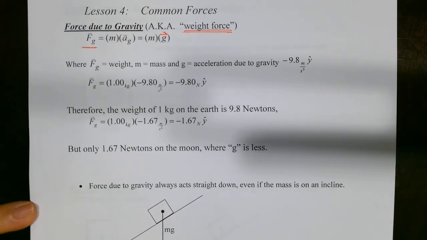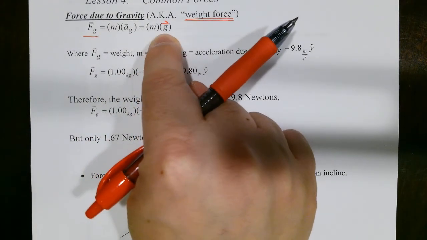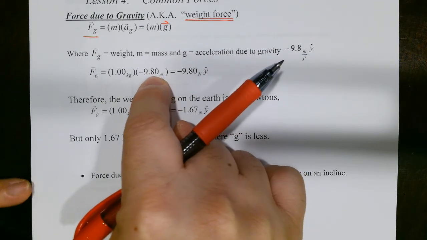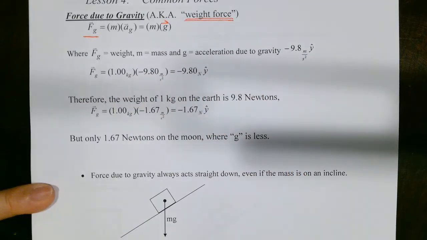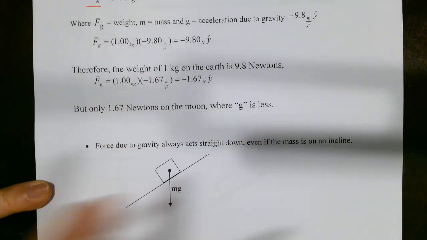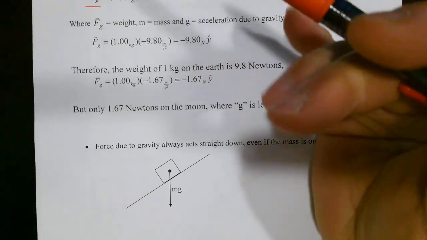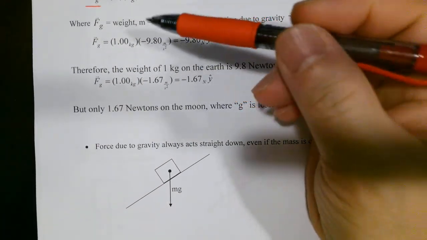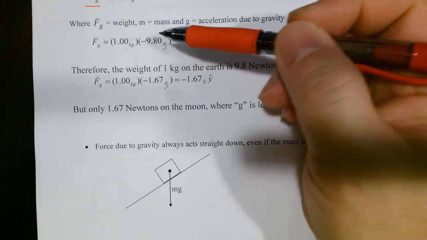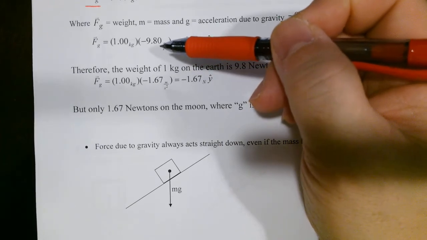When we talk about gravity, it is a force, and on Earth, our gravitational acceleration will be 9.8 meters per second squared towards the center of the Earth. On the Moon, it will be 1.67 meters per second squared, and on Mars, it's like 3 point something. So, depending on how massive the planet is, the gravitational pull will be different, and the acceleration of objects near the surface of the planet will be different.